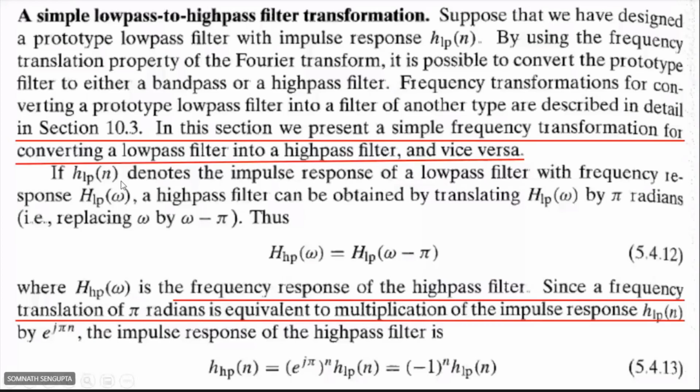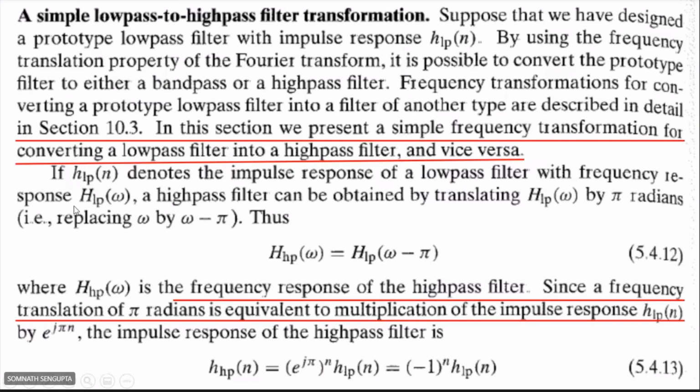LPN: LP means low pass filter, and N means it represents the time domain sequence, the time domain representation. Then we convert it into the frequency domain with the transfer function capital H, LP of omega.